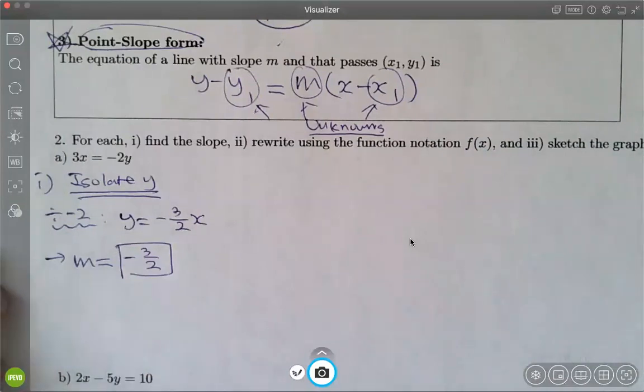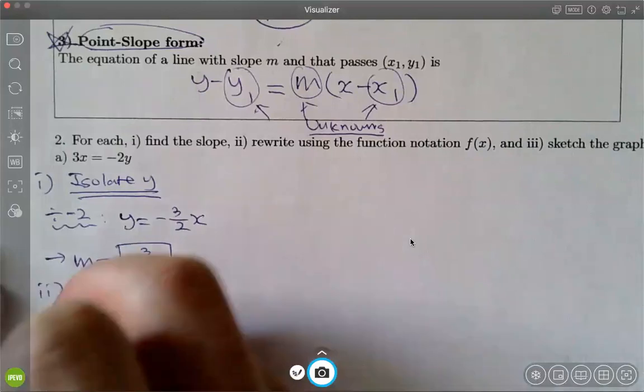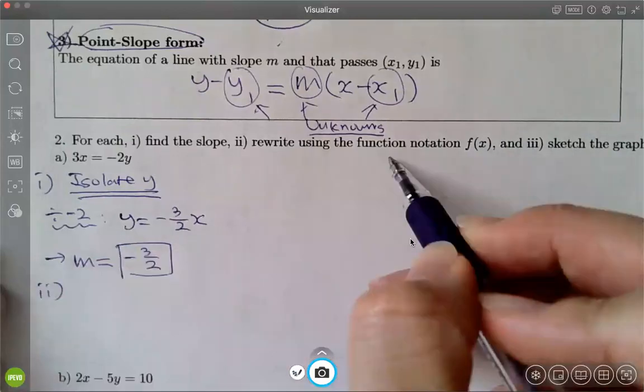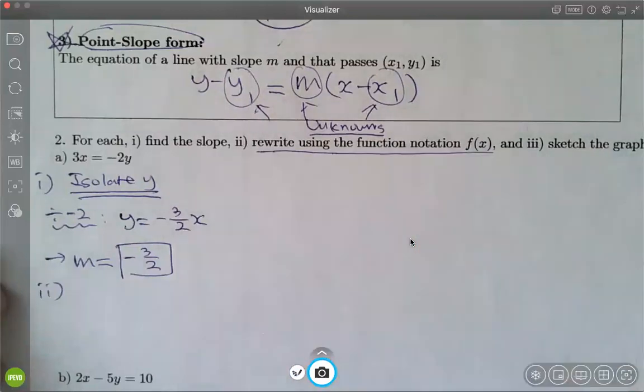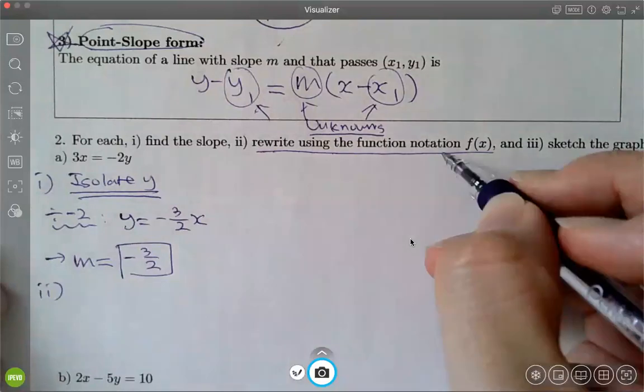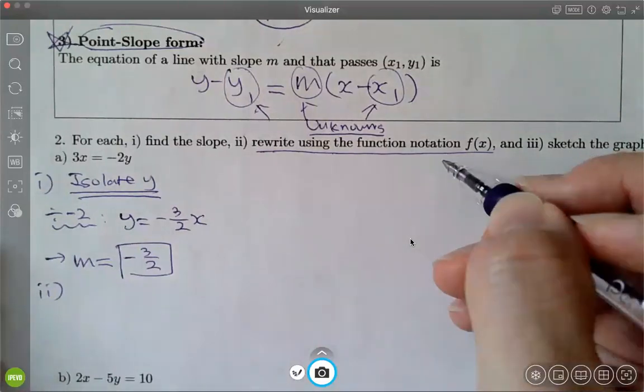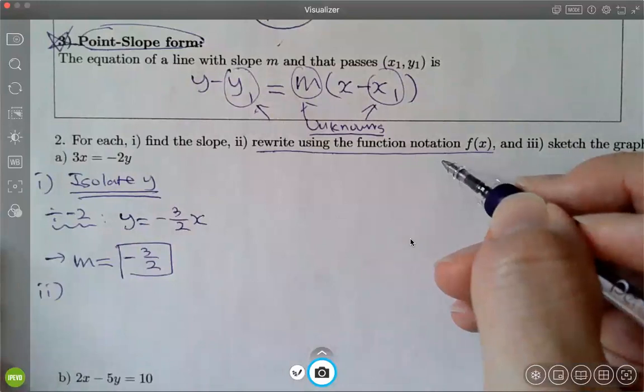Okay, and now part number two, rewrite using the function notation f of x. Surprisingly, many people think this problem is really tricky. But remember, this is really simple. Why? Because f of x is the same thing as what?